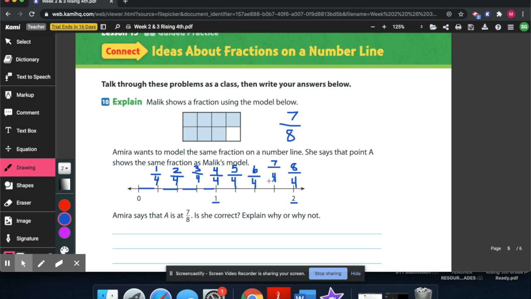Now I kind of covered where A was, so I'm going to put a different color. This is where she's saying 7/8 is. Since we correctly used our number line and figured out how it's divided, knowing that it's not in eighths, it's in fourths, I know 7/8 and 7/4 are not the same. Also realize that this is not completely filled in. There is no whole number, so we shouldn't be going past this 1 right here.